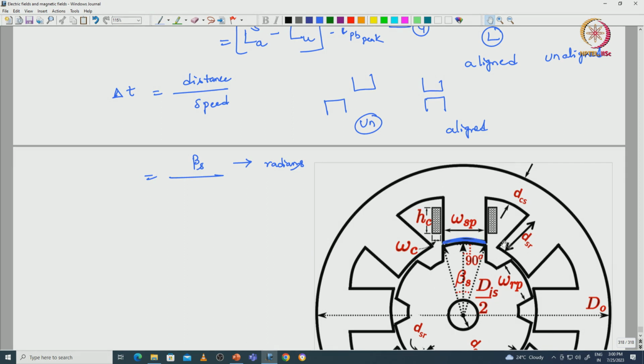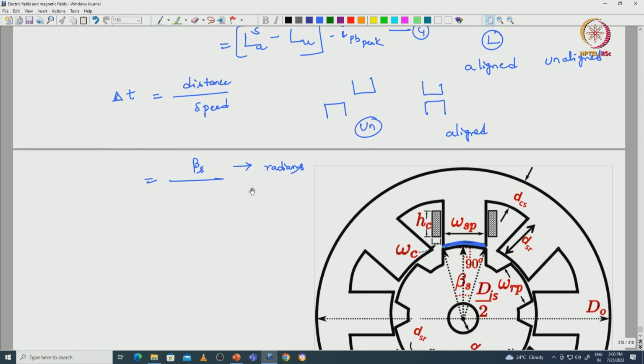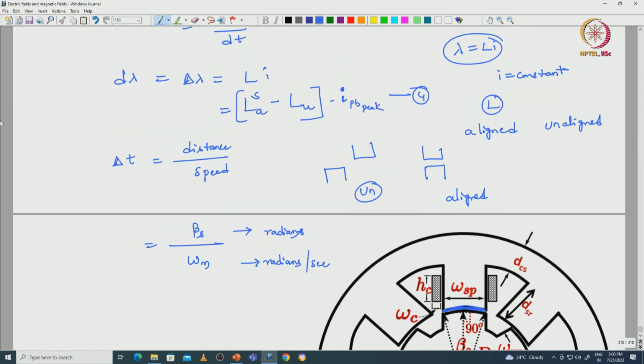I am not representing the arc length directly, the distance with respect to the radians I am representing as beta s. Beta s divided by speed in terms of radians per second, that is the speed of the rotor, omega m. So, the change in time also we have calculated and the change in flux linkages also we have calculated.